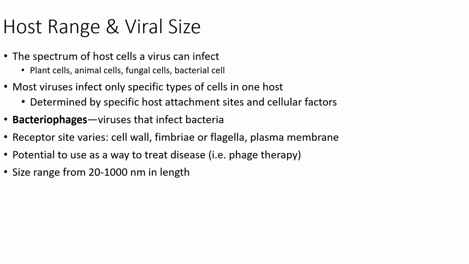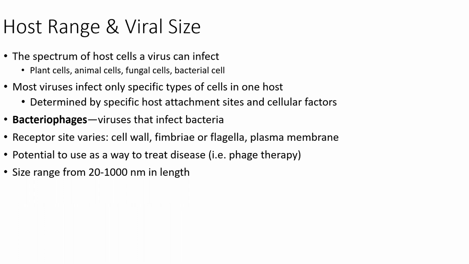So what determines the host range of a virus? Well, typically it's going to be the receptors that the host cell has on its surface that allow molecules to come inside. And so the virus essentially has proteins on its surface, which we will call spikes, that mimic the shape of that host cell receptor.